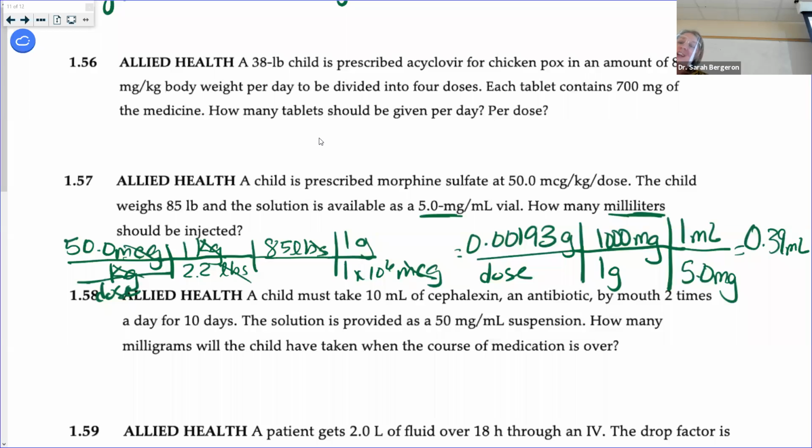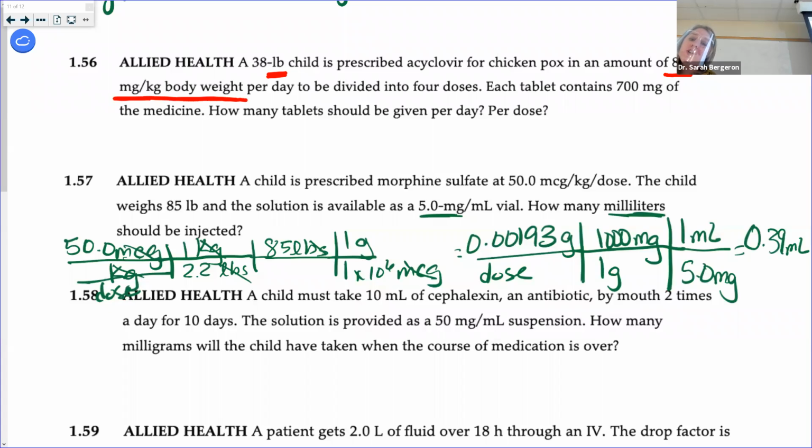So we have a 38-pound child, but the medication is given in milligrams per kilogram of body weight. So what does that tell me right off the bat? I'm going to have to convert. I want you to be looking at these problems and realize I'm going to be doing some conversions. So what's my dosage?